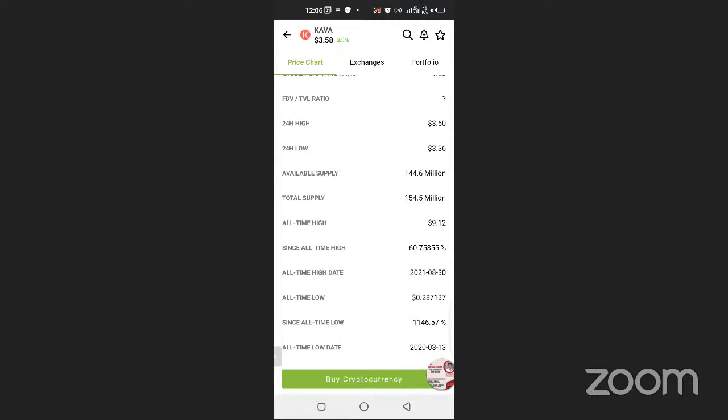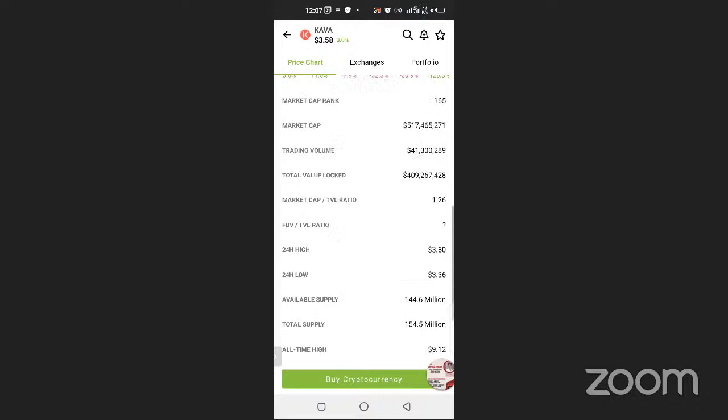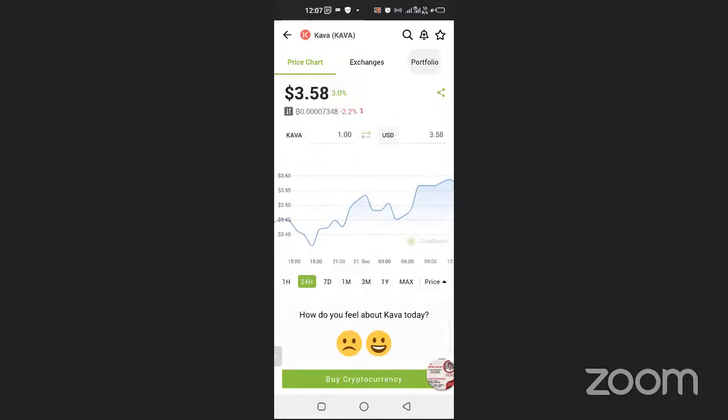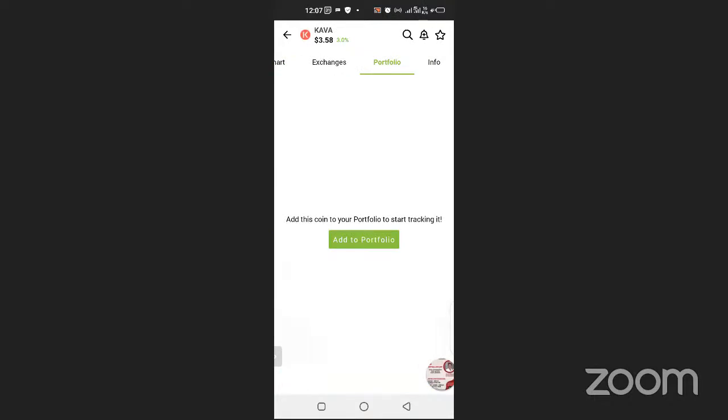Now, if you look at that and look at the available supply, you see that? You need to understand that this coin now has users, right? It has a community of users, okay? I've not taken time to read about why this coin is here. Let me see if I could.